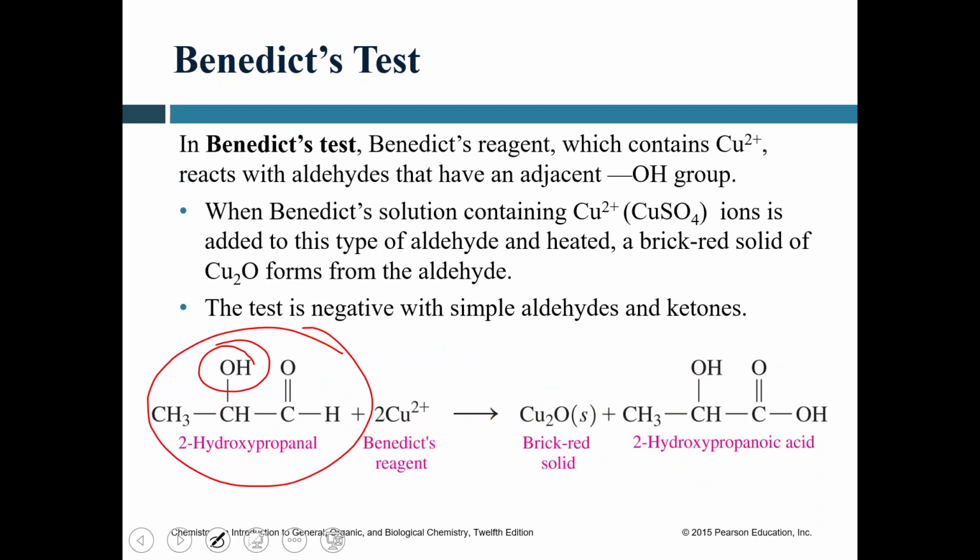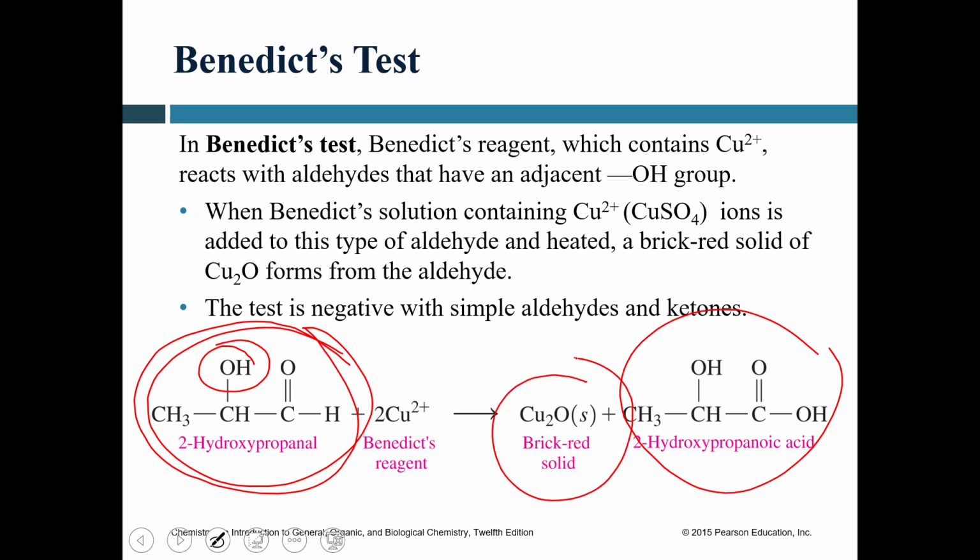In this case, Benedict's reagent, which contains copper, basically copper sulfate, oxidizes hydroxypropanal to hydroxypropanoic acid, producing this brick red precipitate. This test is negative for simple aldehydes or ketones, the ones that do not contain the adjacent hydroxyl group.